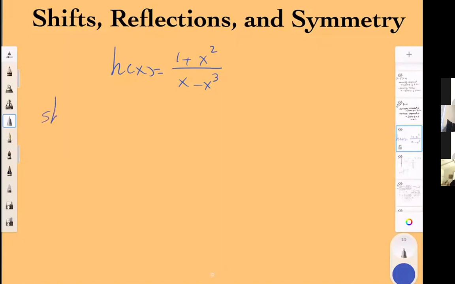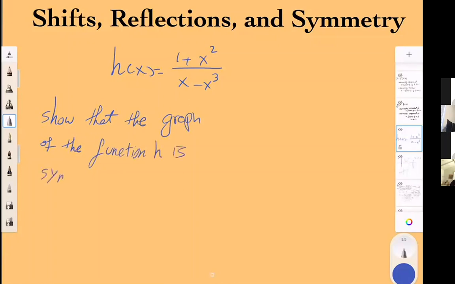They're saying, show that the graph of the function h is symmetric about the origin. Tamir, you're in my screen. How do I show this?